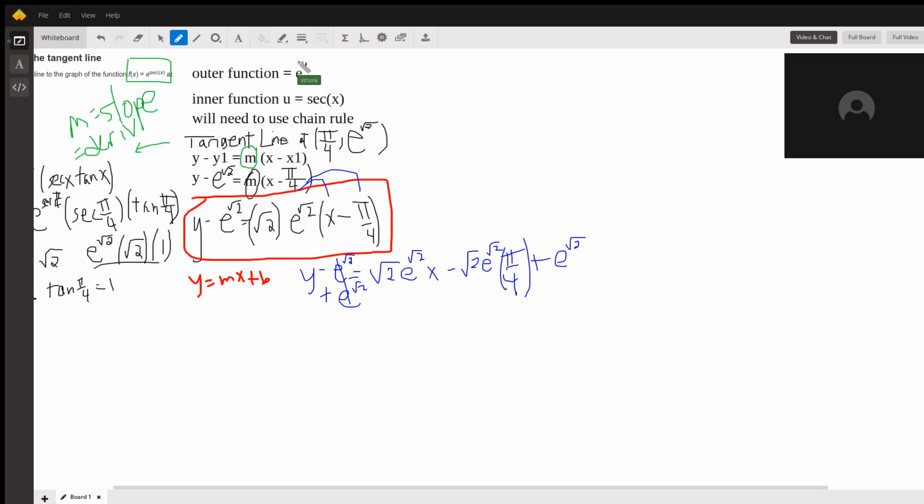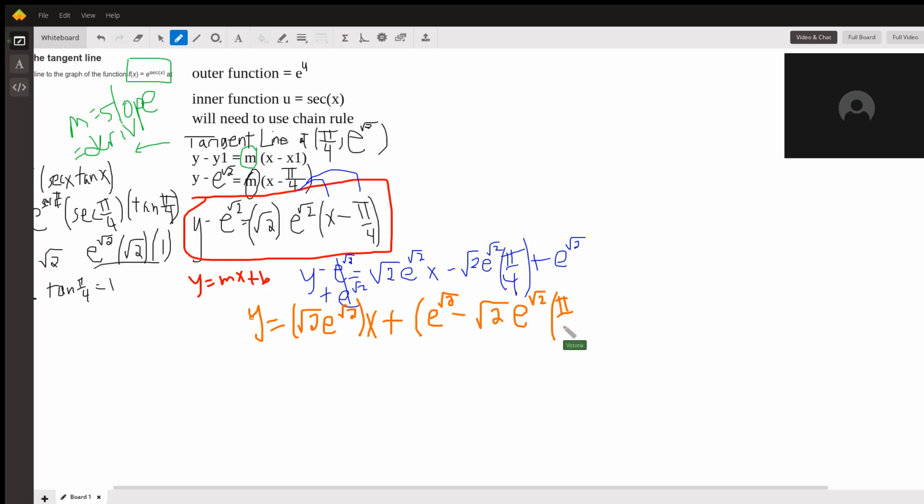But if you need it in slope-intercept form, this becomes y equals, our slope is radical 2 e to the square root of 2 times x, y equals mx plus, and then our y-intercept is e to the square root of 2, that's from here, minus radical 2 times e to the square root of 2 times pi over 4.